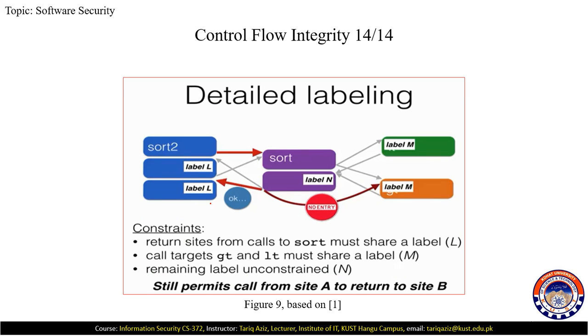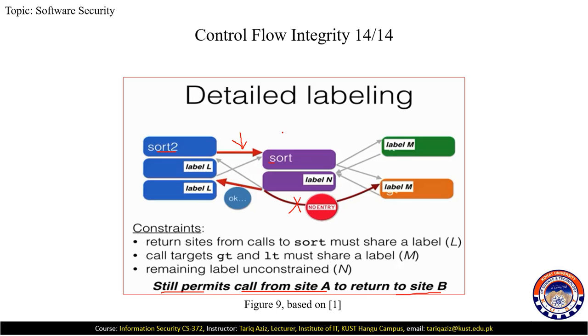So now in this case, we overcame the previous issue. This entry will not be allowed. But again, there is another issue. The issue is that this sort2 function can call this, and then the return value can go to some other site. So here it says that it still permits a call from site A to return to site B. Now we are calling site A, but the value returns to site B. This option is still valid.